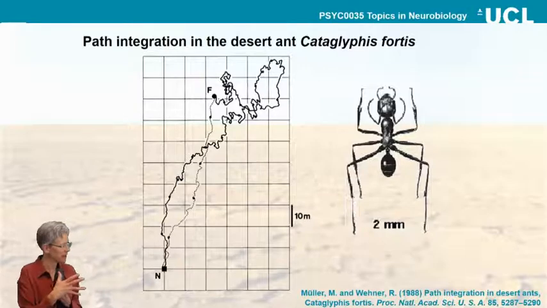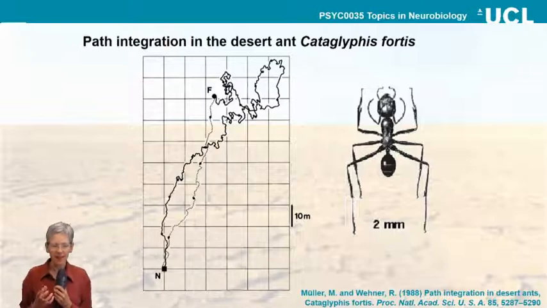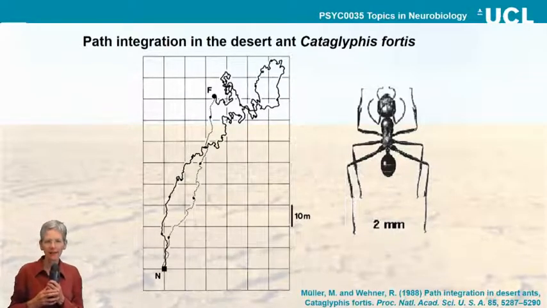So this slide is showing an example of a really fundamental process in spatial cognition, a thing called path integration. There have been many studies of path integration in different species now, but the classic ones were done using this animal here, the desert ant.